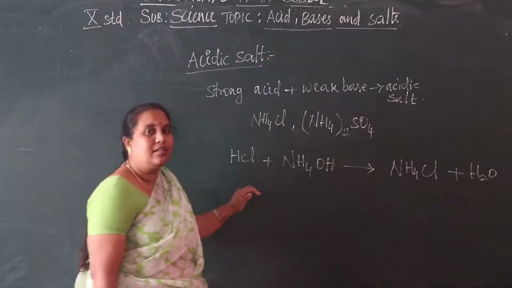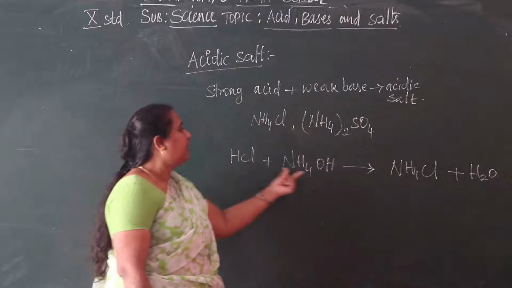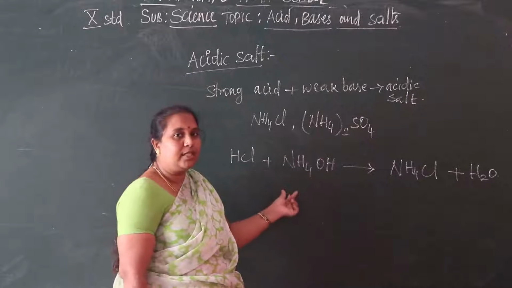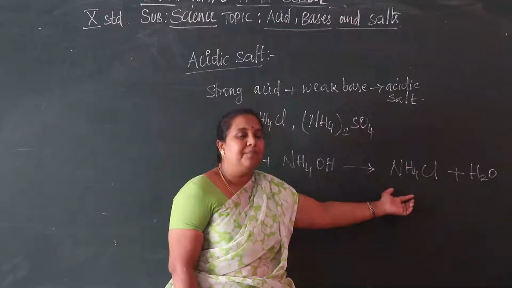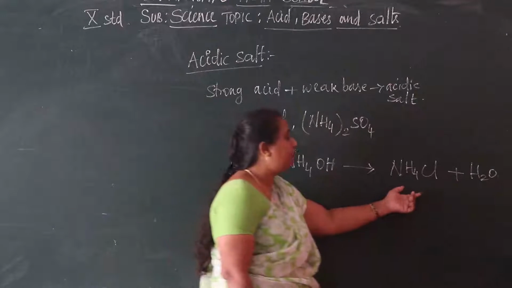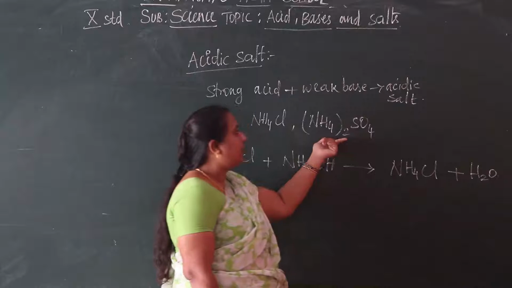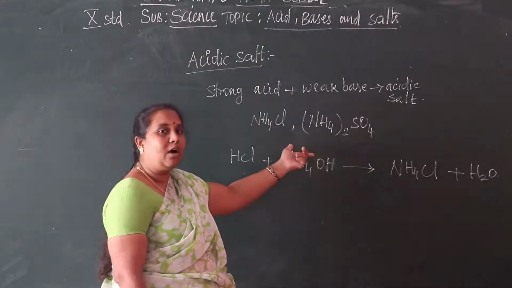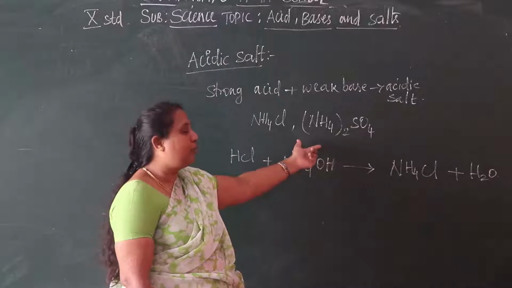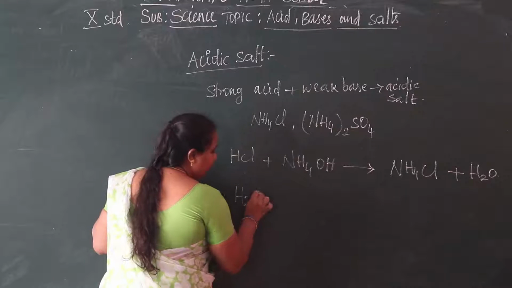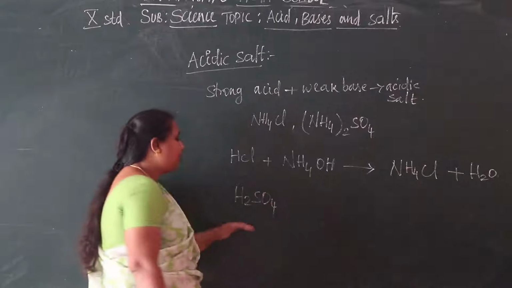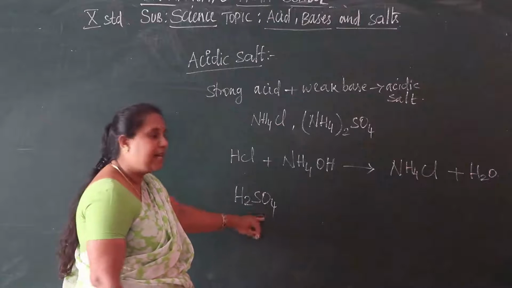So this is the reaction. Strong acid and weak base react with each other and we get the acidic salt, plus water. Then how to form the acidic salt ammonium sulfate? Here we are taking H2SO4, sulfuric acid.